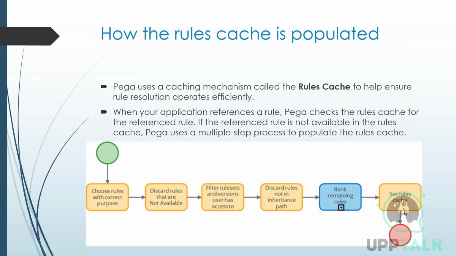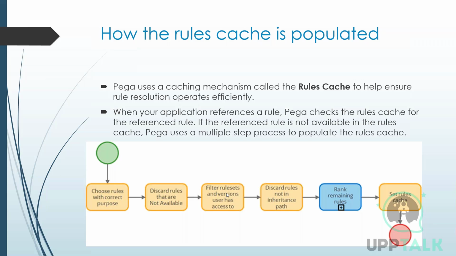The second step is discarding rules that are not available. I'm going to check the availability of the rules; if they are not available, discard them. Next, filtering the rule sets and versions the user has access to.